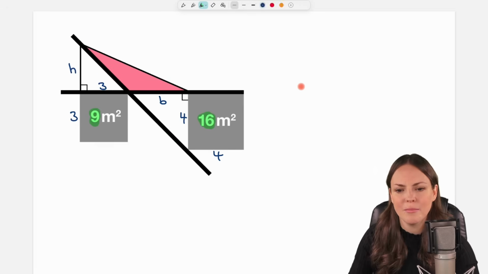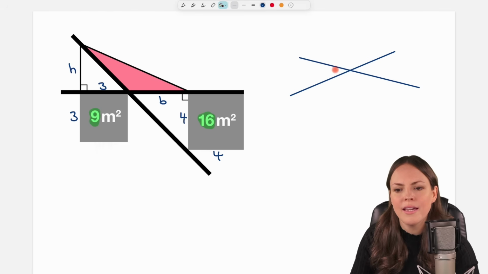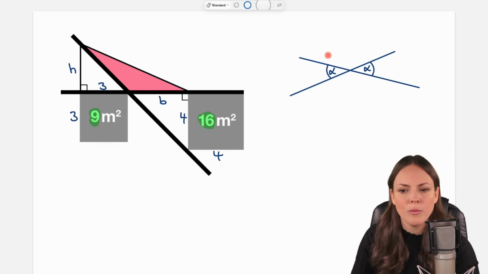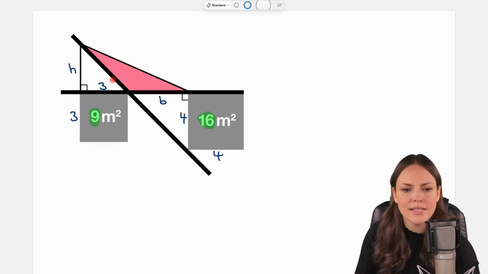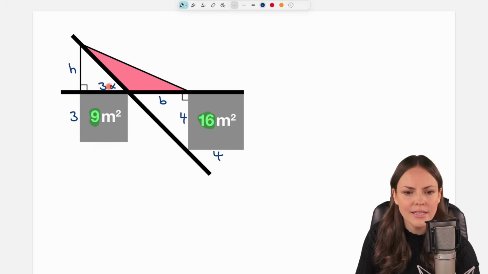So every time you have a line that intersects another line, and you have, let's say, alpha here, then here on the other side, you always have alpha as well. These are so-called vertical angles, which means in our case that if we have alpha here, we also have alpha here.